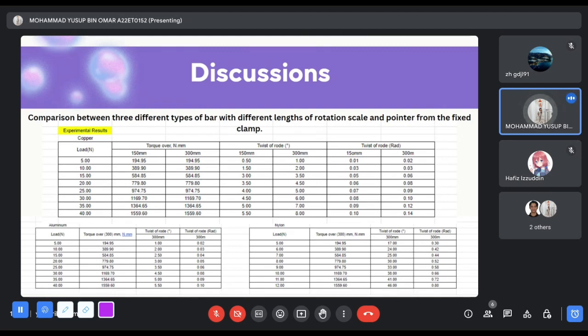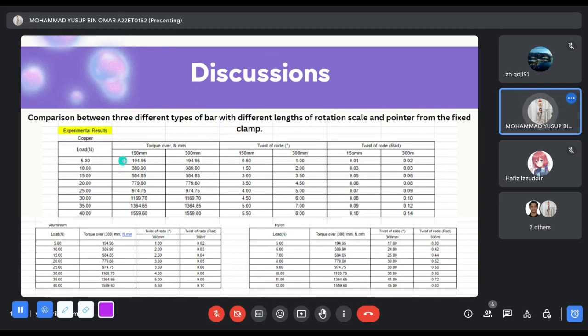So for different materials, if the material has higher rigidity, the rod is not easy to twist. For example, copper has higher rigidity compared to nylon.